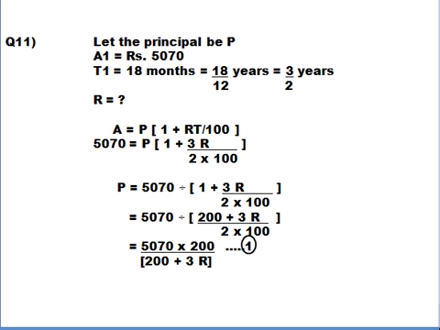So it becomes 1 plus 3R upon 2 into 100 in the denominator. So when we simplify it, we are going to get the value of P. If I take the bracket on the other side, it will go in division. So we get the value of P as 5070 into 200 upon 200 plus 3R. This becomes our equation number 1.